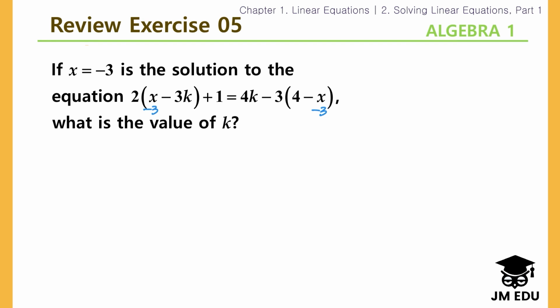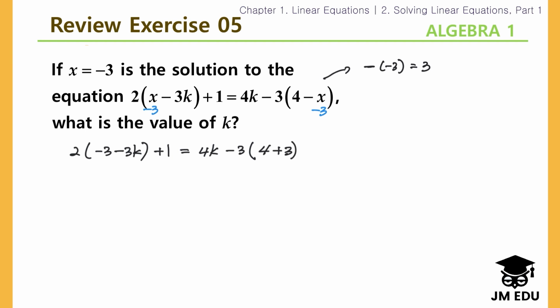So let me rewrite this equation. So we have 2 times negative 3 minus 3k plus 1 is equal to 4k minus 3 times the quantity 4 minus negative 3. Minus negative 3 is positive 3, right? So plus 3.